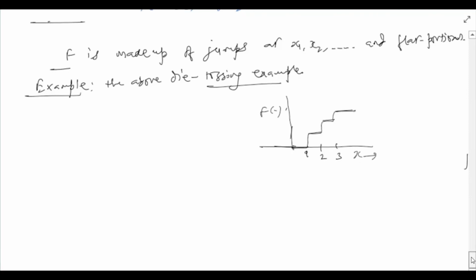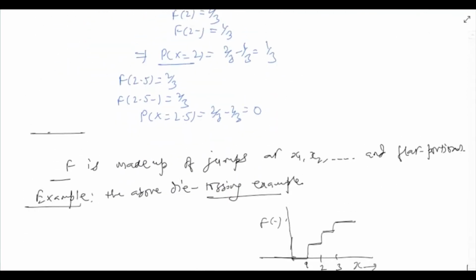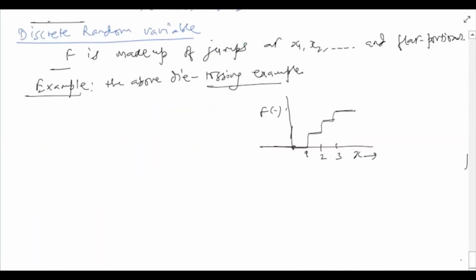In such a case, the random variable x is called a discrete random variable. In other words, x is called a discrete random variable if its CDF is made up of jumps and flat portions.